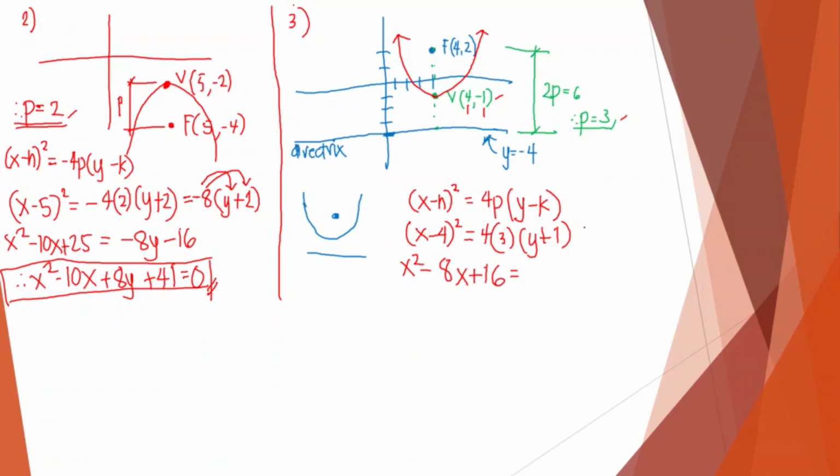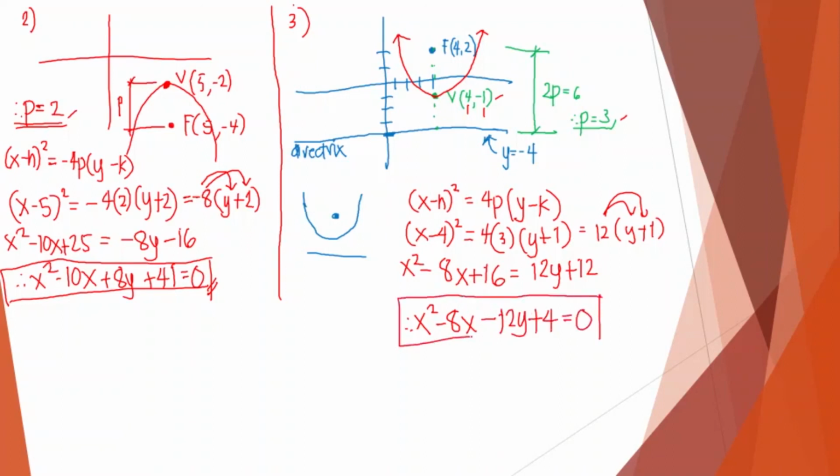Then we distribute that 12 to (y + 1): 12y + 12. Therefore the equation is x^2 - 8x - 12y + 4 = 0. So that is the equation for this parabola.